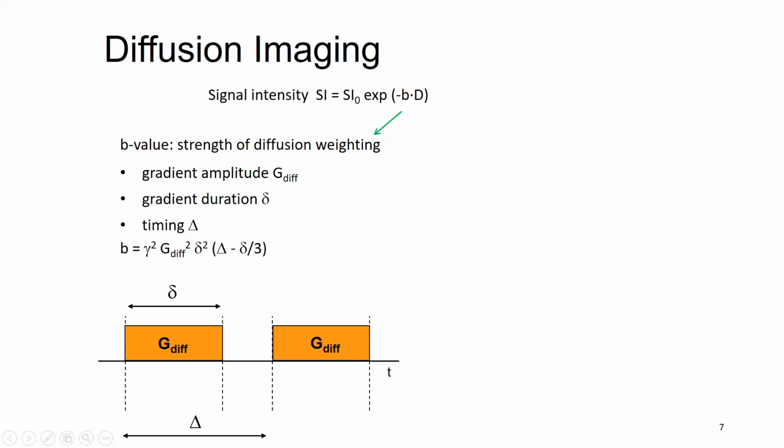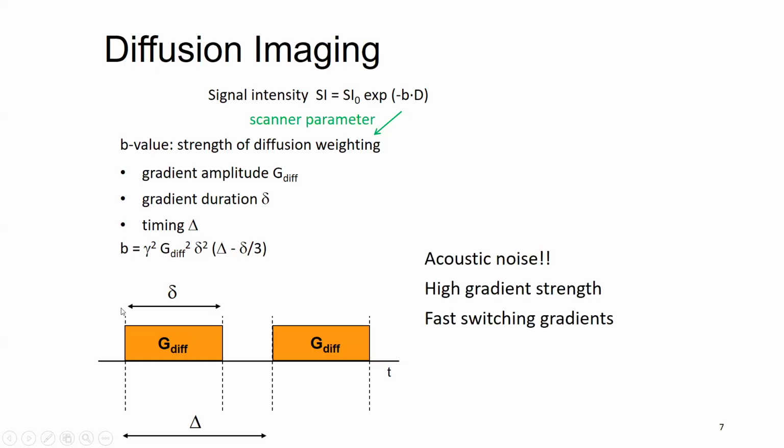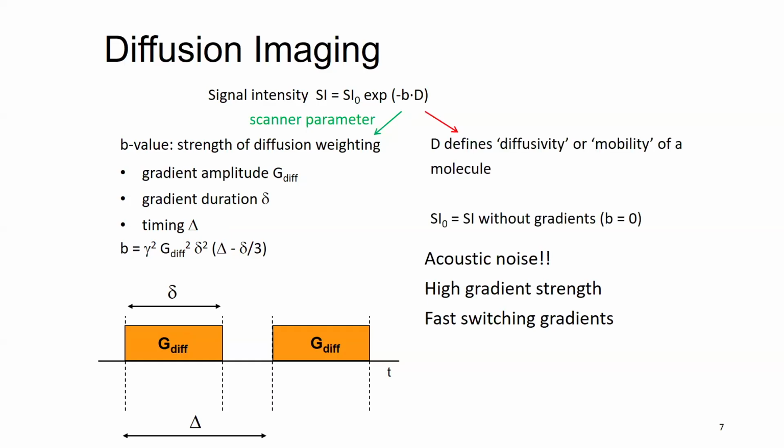You don't have to remember all of this, but it's about the gradient amplitude, so the height of this diffusion gradient, the length of this diffusion gradient, and also the timing between the two. And that's a scanner parameter. So I say to the scanner, use this b value, and then something is happening. We also have this D, the diffusion coefficient, and that's a tissue property.